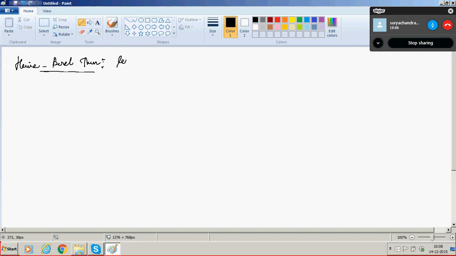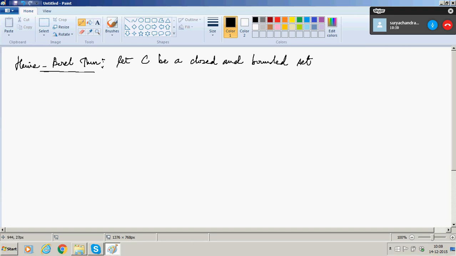So now this proof is a little bit flooded with symbols, so be a little bit slow. Let C be a closed and bounded set in the Euclidean n-space. You're gone.